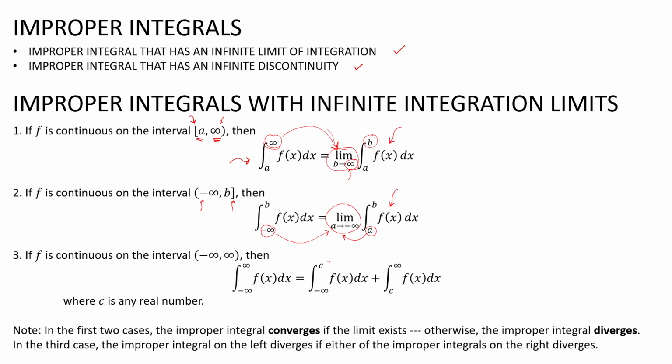Most likely c is 0 because we can easily determine the values for your equation if the limit is 0. So usually c is equal to 0. And then transforming the equation, for the first term you may use the second property, and for the second term you use the first property to transform it into these versions.